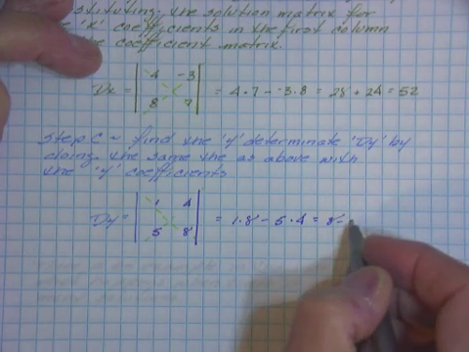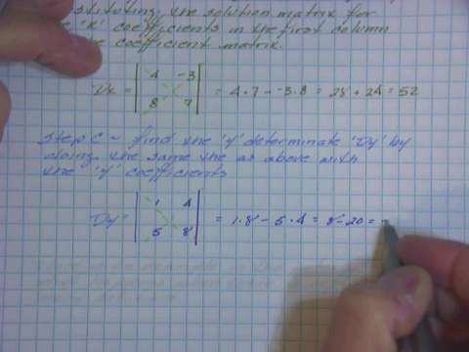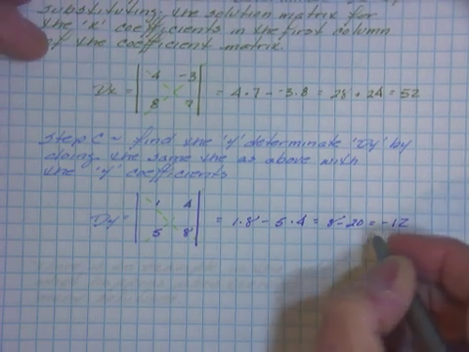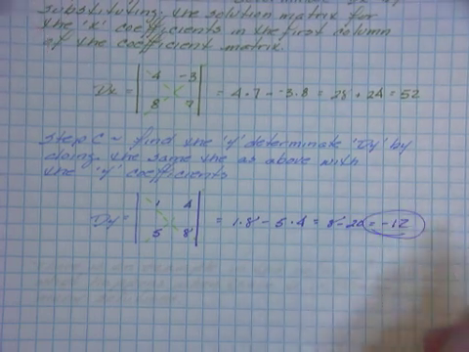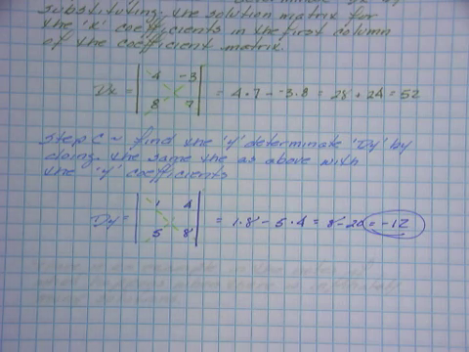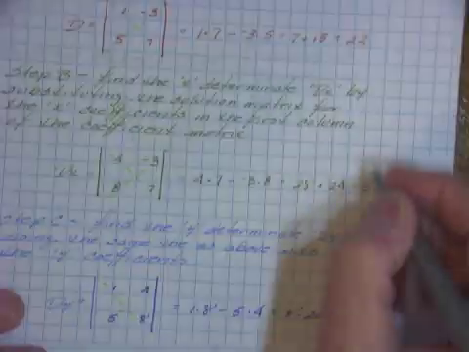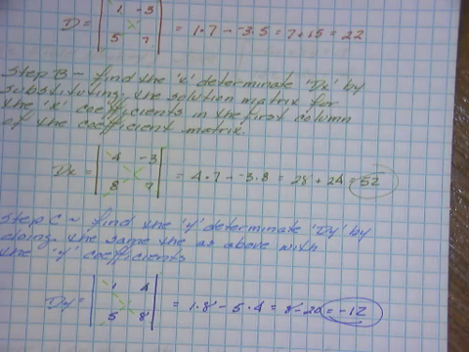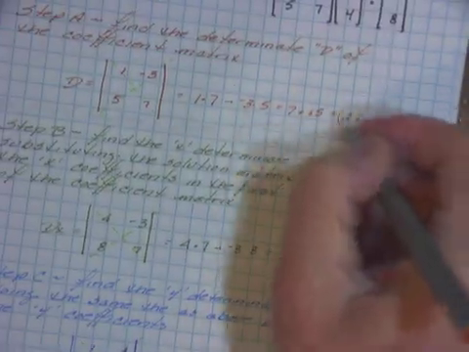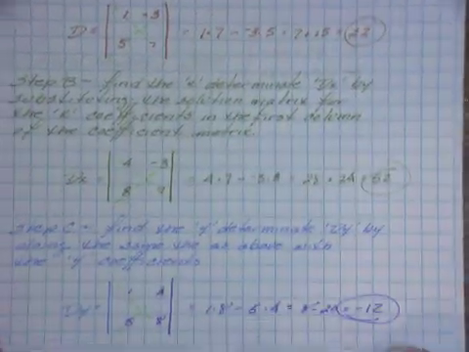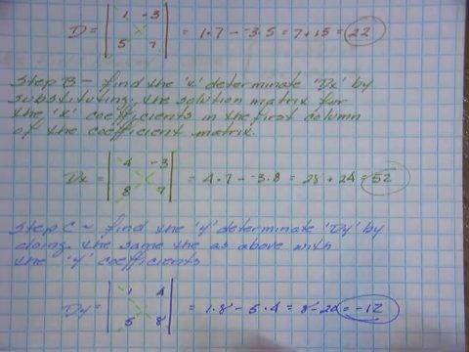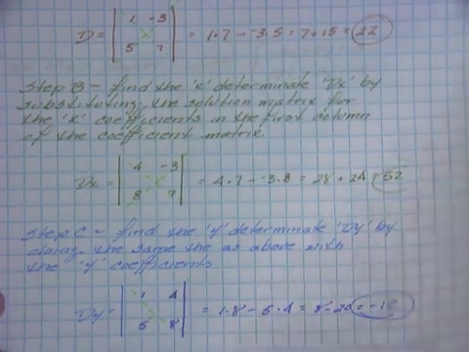So this is 8 minus 20. So that equals -12. Okay, so we've got our D sub y, the determinant of y. We've got the determinant of x, and we've got our coefficient determinant, or just what we call the determinant.